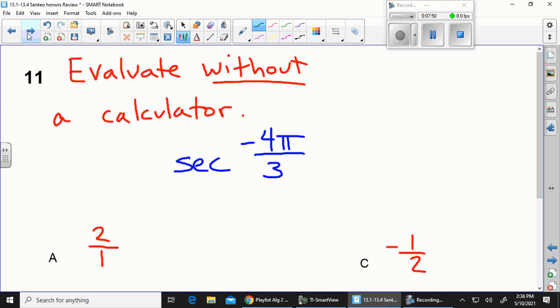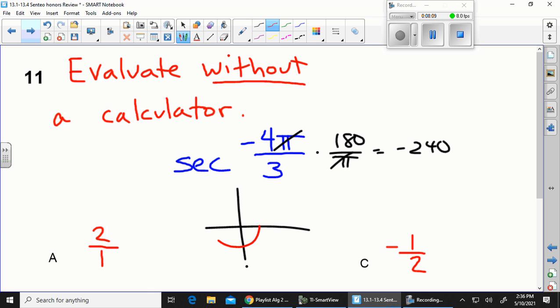Evaluate without a calculator. Negative 4 pi over 3. The first thing you're going to do, change it to degrees. So when you change that to degrees, the negative stays. So we got negative 240. Okay. Negative 240 is there. You got a triangle. That's 60.